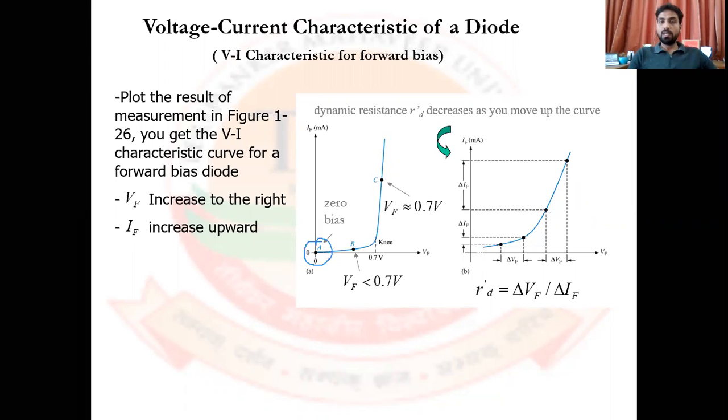The current is inversely proportional to resistance. If the resistance is higher, the current will be low. If the resistance is low, the current will be higher. And who is the main factor deciding this current? Basically, the depletion region. The depletion region is the main factor creating this situation.